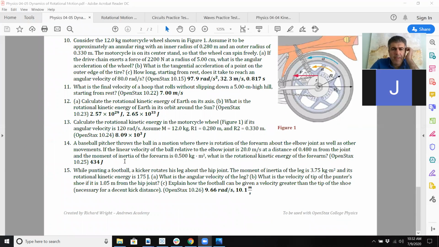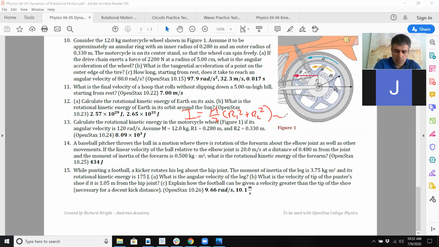13. Calculate the rotational kinetic energy. Okay, again, we know this. And we're using the same inertia as before. Our inertia was 1.1238. So yeah, if you had a hard time with 10, then of course you wouldn't be able to do 13.